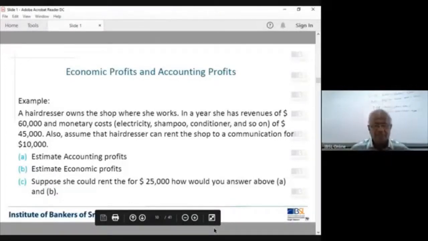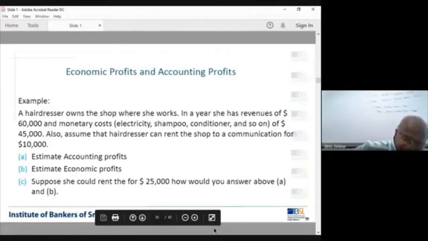In the second case, rent this to the communication center and earn 25,000, because it is more profitable. At the end of the month, end of the year, you are getting 25,000. Even though it is higher than the accounting profit of 15,000 if you run the business, and of course the economic profit is negative, it is better to rent out.